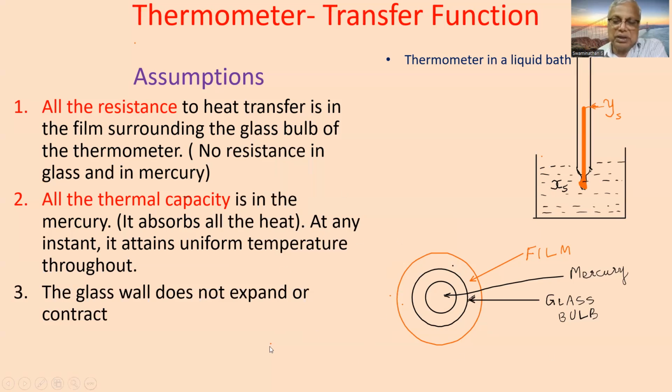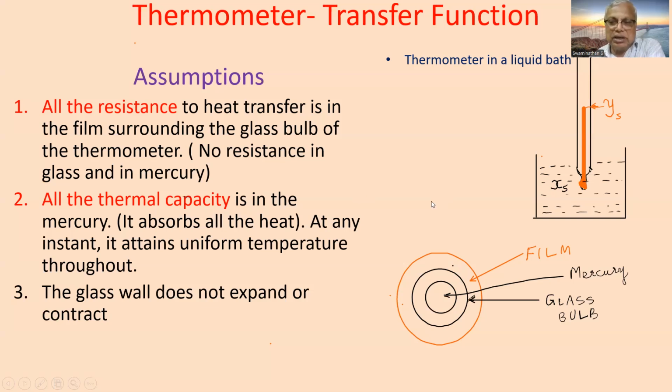So the glass bulb neither expands nor contracts. These are the three assumptions based on which the transfer function of the thermometer will be derived. The transfer function will be subject to these assumptions.